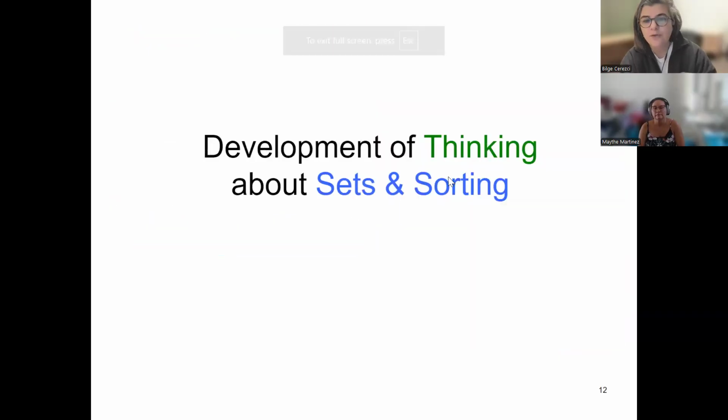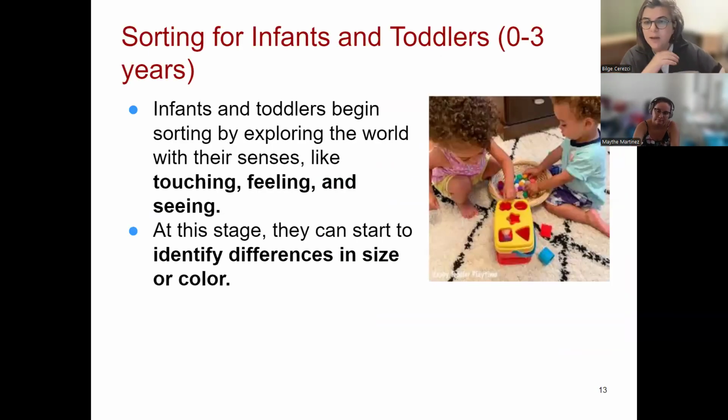Okay. So what does the development of thinking look like when it comes to sets and sorting? When it comes to infants and toddlers, you can probably tell even more about this than I can. But it's really related to their survival. Their ability to sort, recognize similarities and differences is really important for their survival.